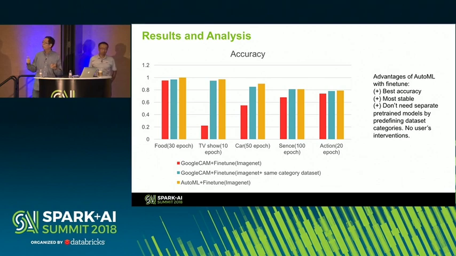The action 14 is the public data set, and the other is the user data set. So transfer learning and AutoML can give the best accuracy and the most stable results, and also do not need to select a predefined pre-trained model, so no user intervention.